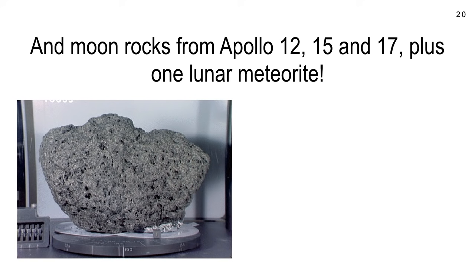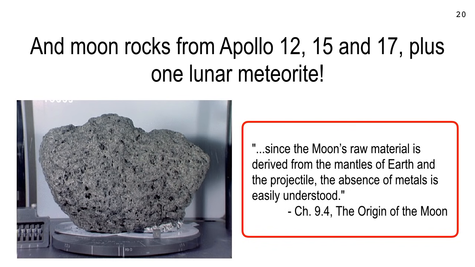It had to come in oblique, at a certain orbital energy. All this stuff tells us a lot about the formation of the moon, and here's a quote from chapter 9.4, The Origin of the Moon. It's really interesting to read about.